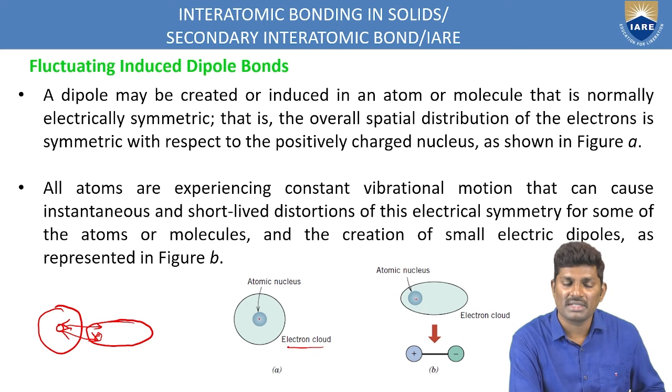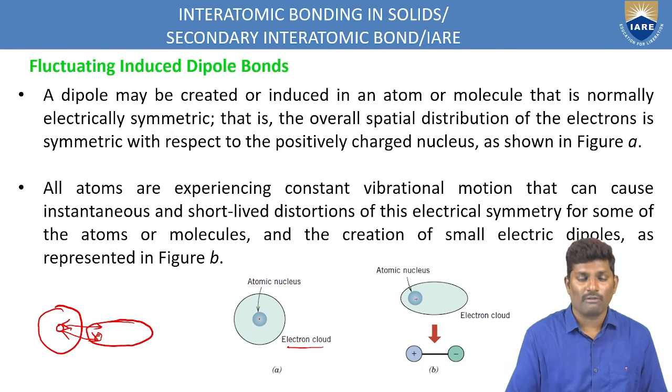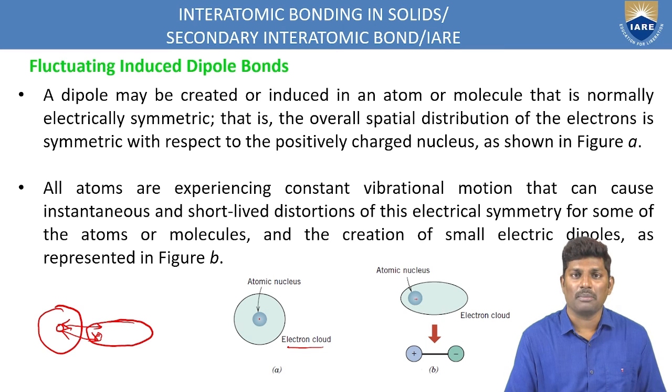Because of the vibrations and fluctuation, there is a change in position of the atom and a change in symmetry. So there is a disturbance in the position. The bonding between the atoms is not perfect. It is imperfect. That's why you are getting a weaker value. So this is fluctuating induced dipole bonds.